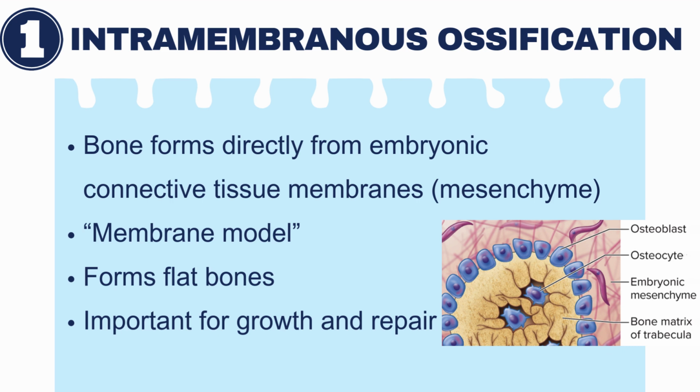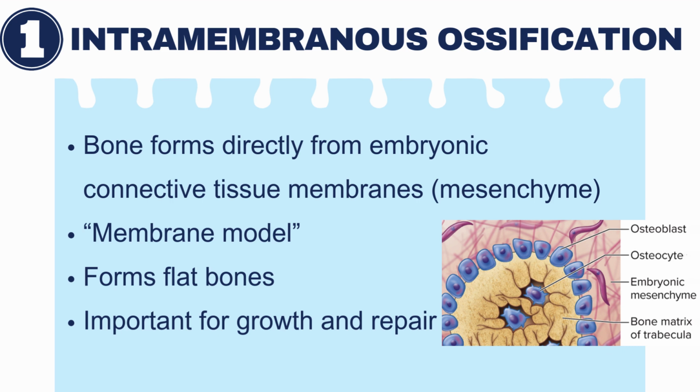Let's begin with intramembranous ossification. In intramembranous ossification, bone develops from embryonic connective tissue membranes called mesenchyme. This tissue condenses, differentiates into osteoblasts, and begins secreting bone matrix.